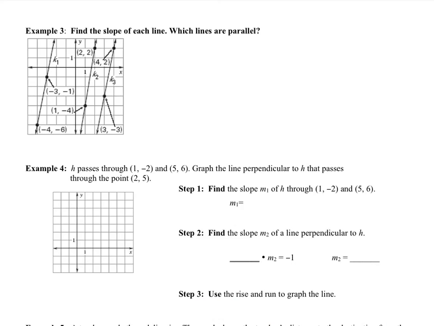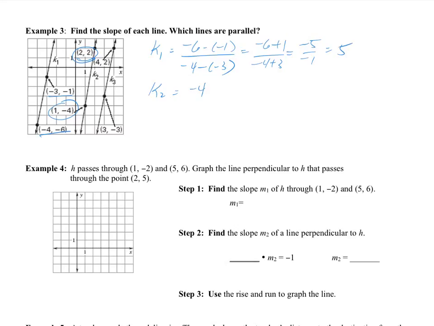Example 3, find the slope of each line. What lines are parallel? So we can take line K1, we take -6 minus -1 over -4 minus -3, and this will be -6 plus 1 over -4 plus 3, negative 5 over negative 1, which is just 5. And line K2, I'm going to use (2, 2) and (-1, 4).